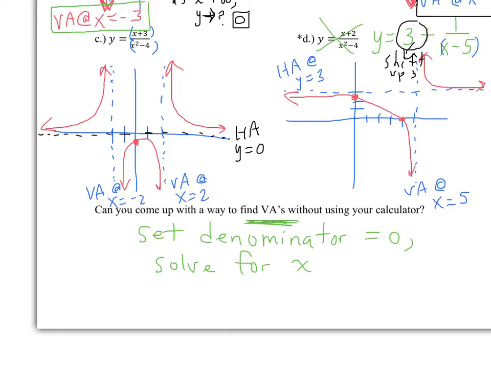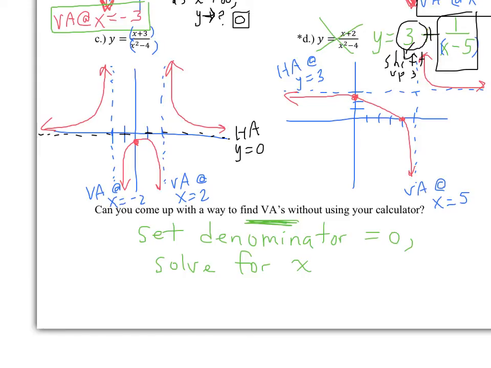So you have a vertical shift up 3. So if you were to take this 1 over x minus 5 graph and only focus on this, that plus 3 just shifts it up. So you have a VA at x equals 5 there. That plus 3 shifting it up is not going to affect the location of your VA.